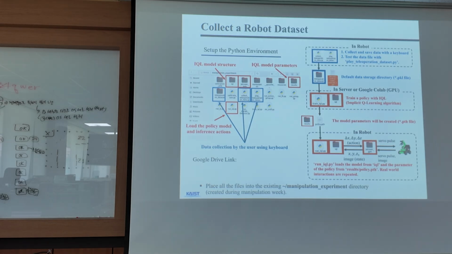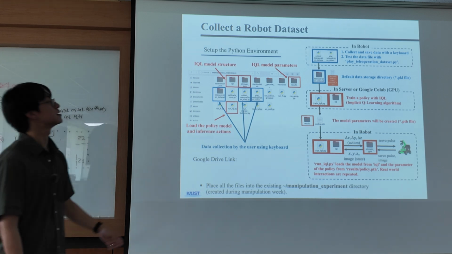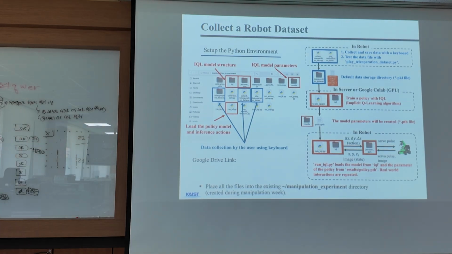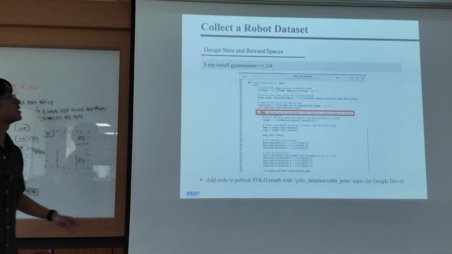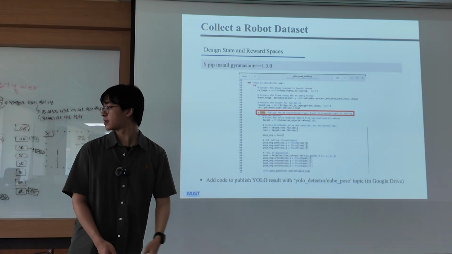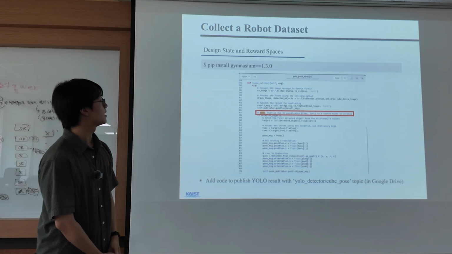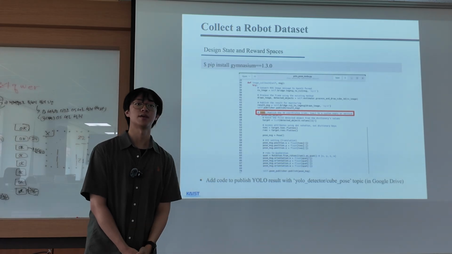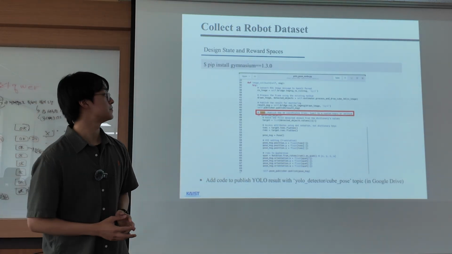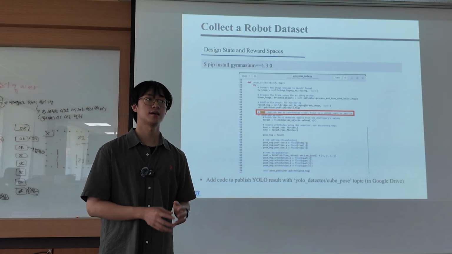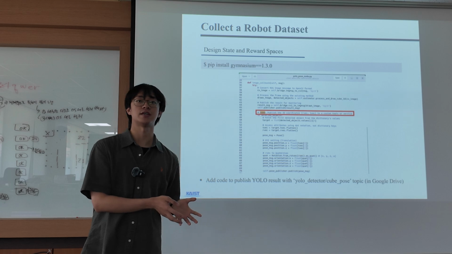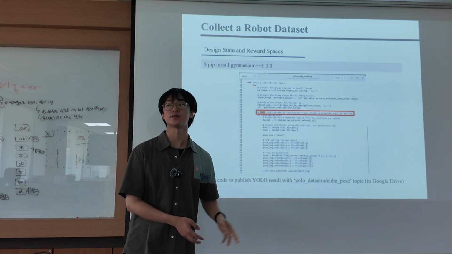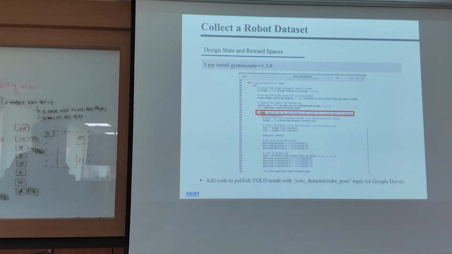So to make and play the collect teleoperation dataset, you have to modify some files before. First of all, you have to install the gymnasium library in the command line, and you have to modify the code in the YOLO detector, because in this environment, we are going to use the joint state, which is calculated by forward kinematics, and also the cube position, which is calculated by the YOLO detector.